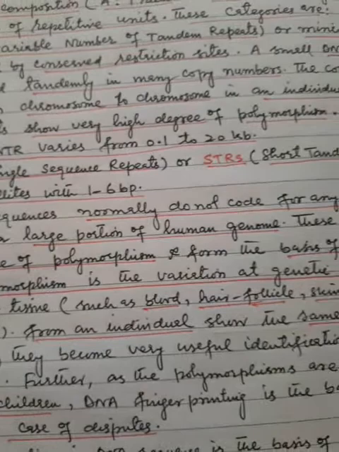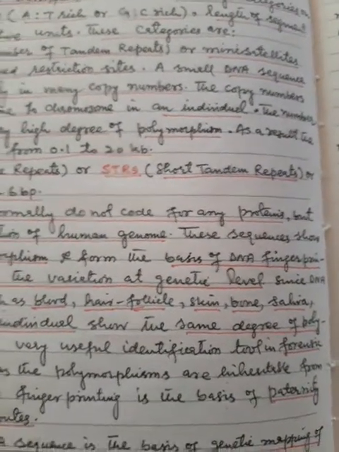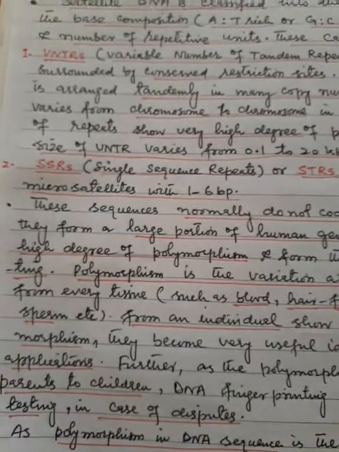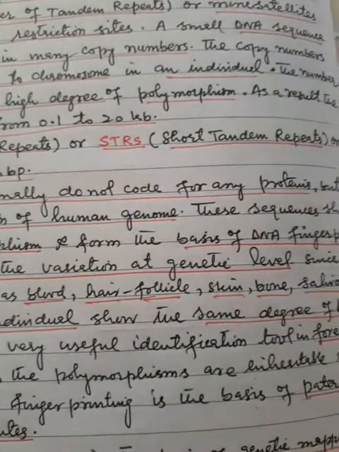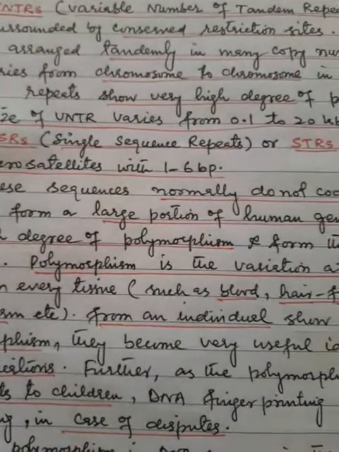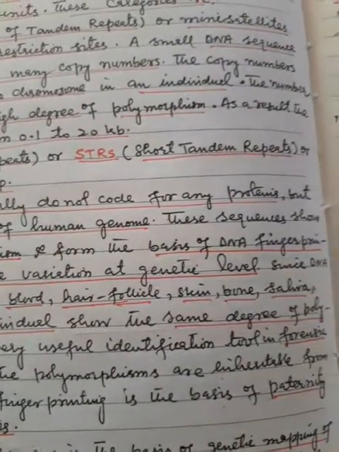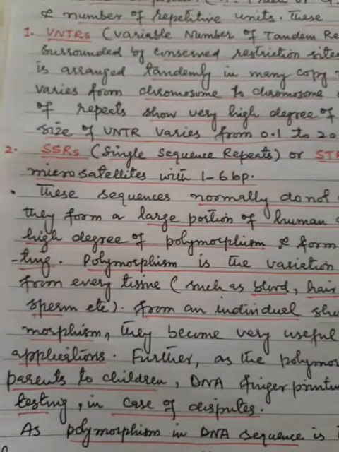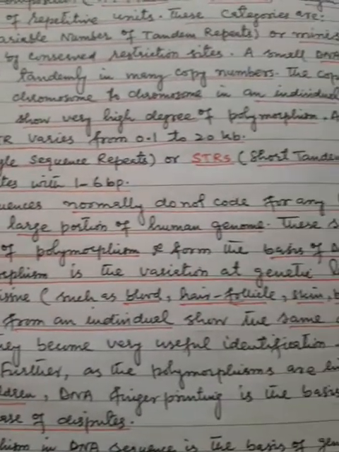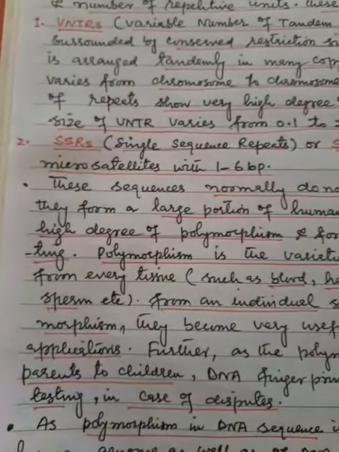Polymorphism is the variation at genetic level. Since DNA from every tissue, such as blood, hair follicle, skin, bone, saliva, sperm, etc., from an individual shows the same degree of polymorphism, they become a very useful identification tool in forensic applications.